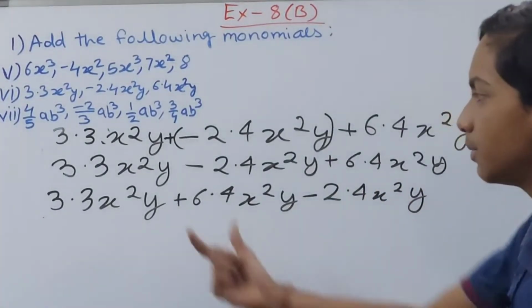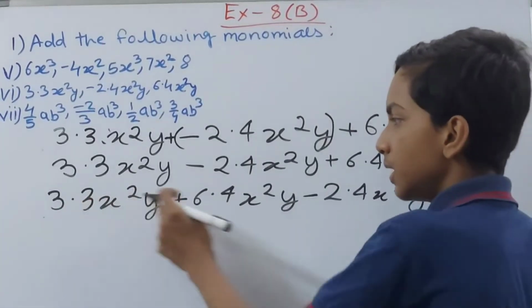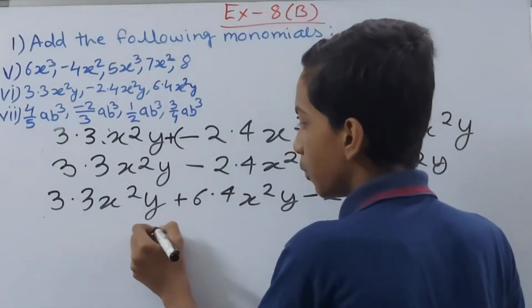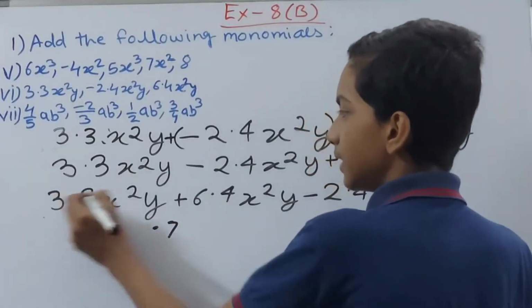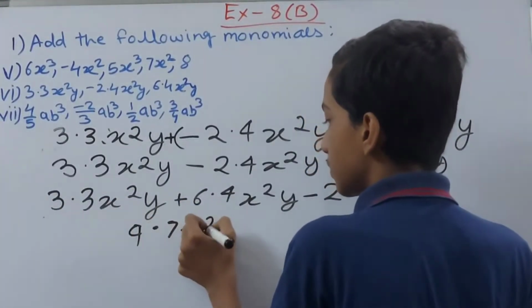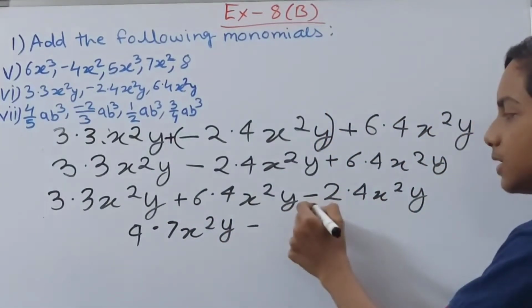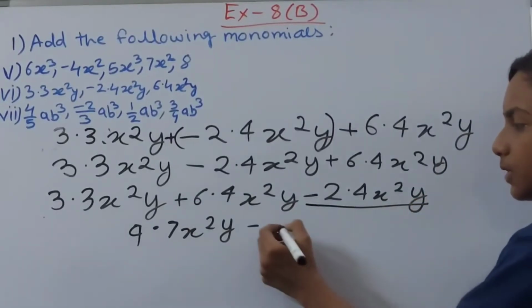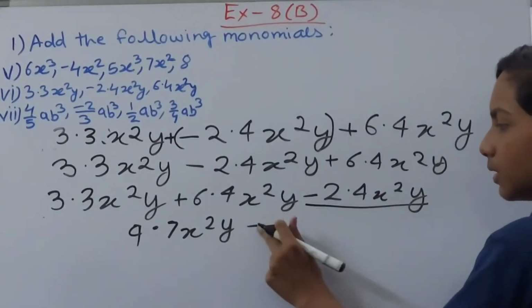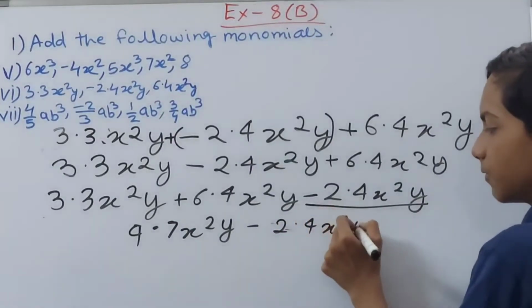Now we add them basically. So 3 and 4 is 0.7, and 3 and 6 is 9, so 9.7x square y minus 2.4x square y.